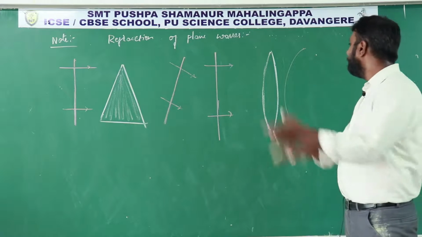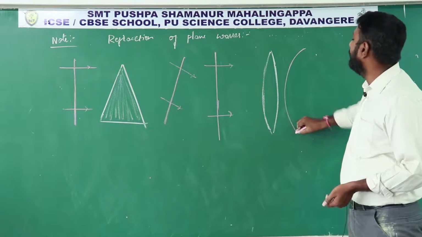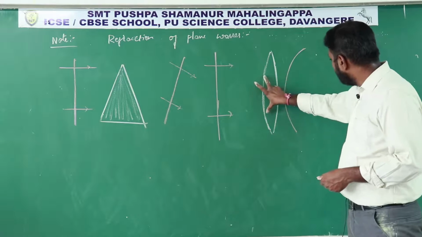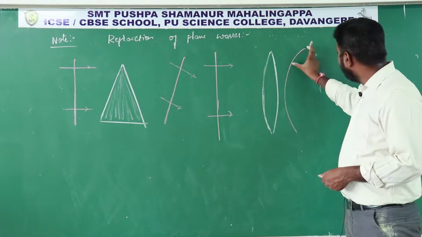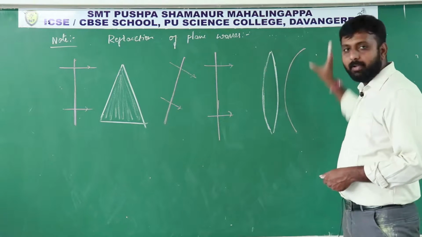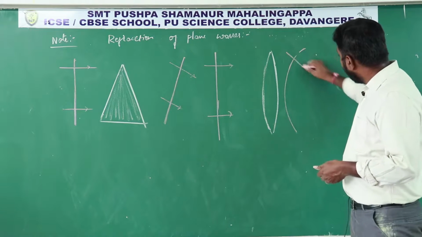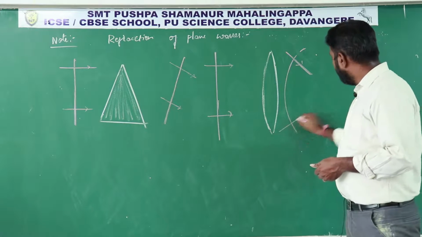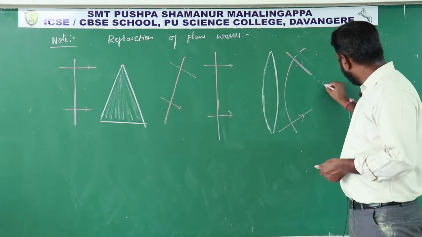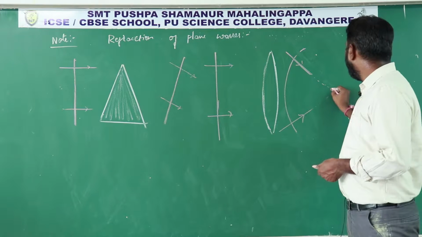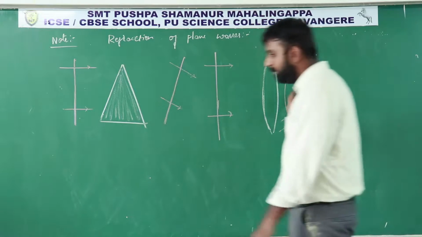Once the plane wavefront passes through the lens, the wavefront shape becomes spherical. This portion travels more thickness, hence it is delayed, and this one travels less thickness, so it comes fast from the lens surface. If you draw a perpendicular line, that indicates a ray of light, and it converges to a point. That point is called the principal focus.